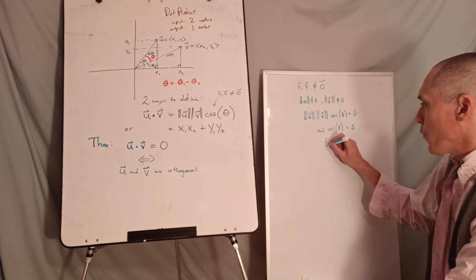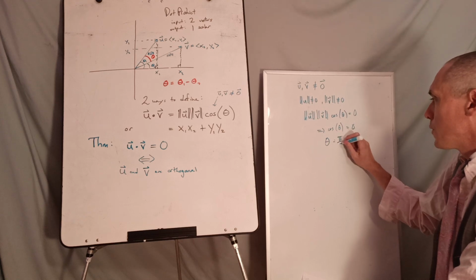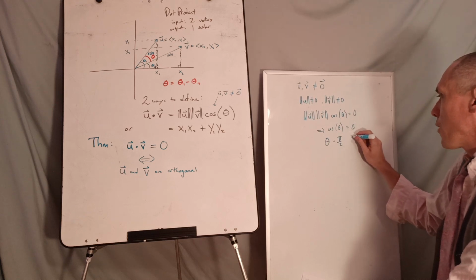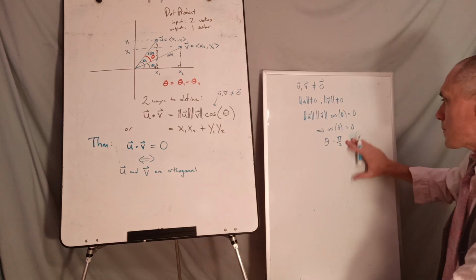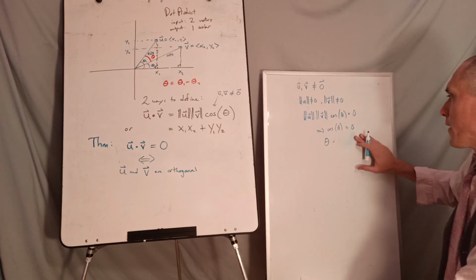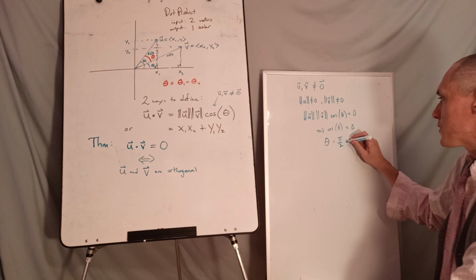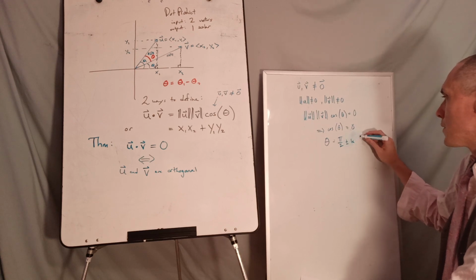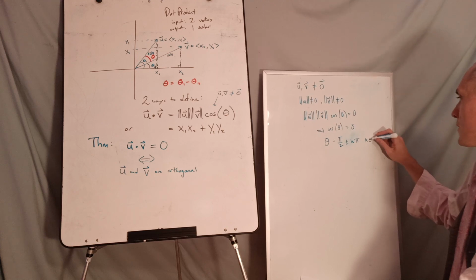Well, it's going to be when theta is either equal to pi over 2, or 3 pi over 2, or even better, let's just say pi over 2 plus or minus k times pi, where k is some integer.